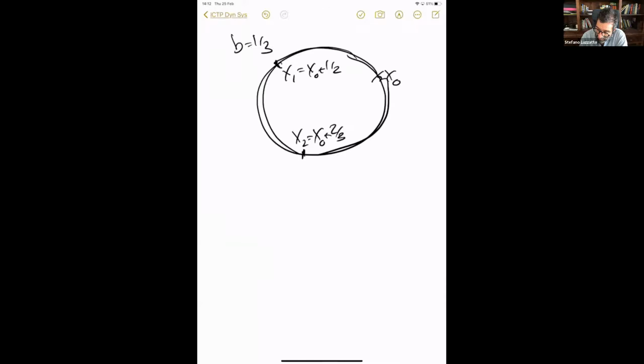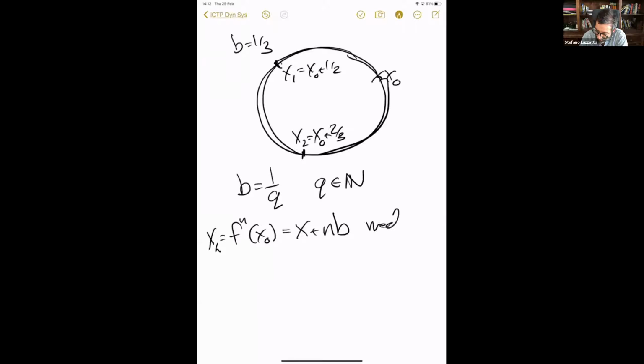So for example, if b is equal to 1/q, where q is some natural number, then f^n of x naught, so x_n, is equal to x plus nb mod 1, which is equal to x plus n/q mod 1.